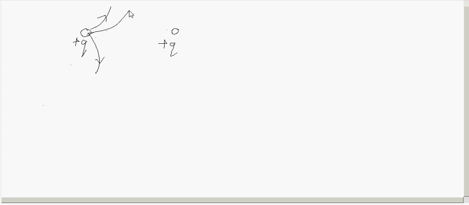In case of two positive charges, the lines will be moving away from this.